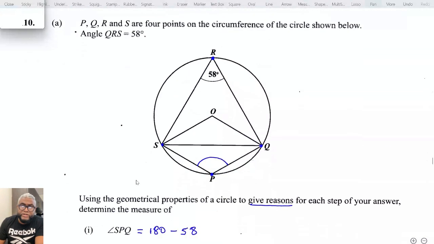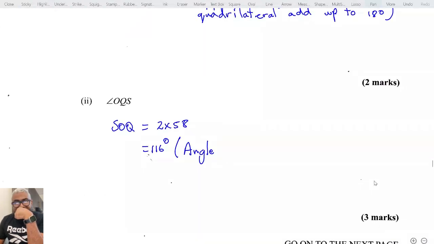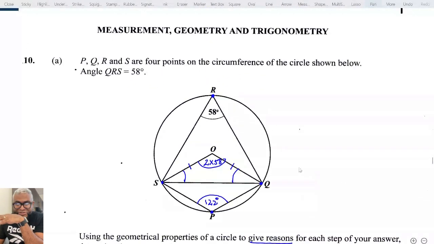OQS, so they want O to Q to S. They want this angle. We found here to be 122 degrees. Anybody have any ideas about this angle here? Going back to it because it didn't come out in the recording: this angle at the center is twice the angle at the circumference.